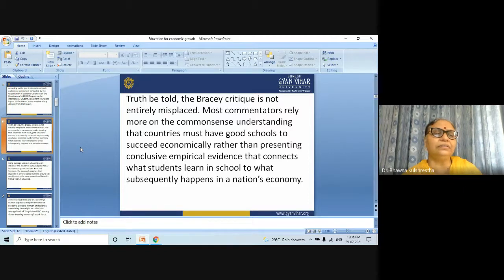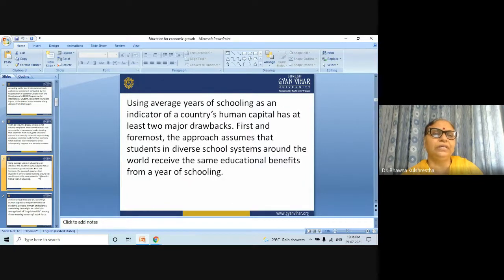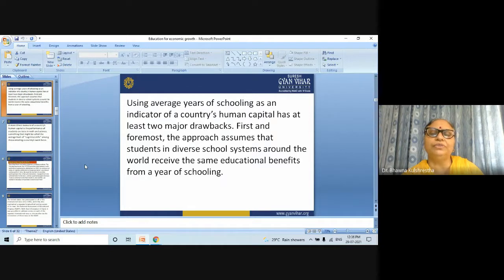Using average years of schooling as an indicator of a country's human capital has at least two major drawbacks.